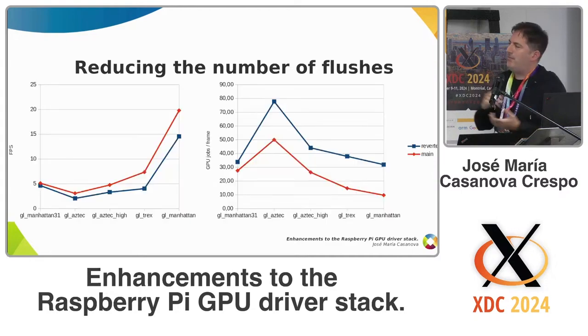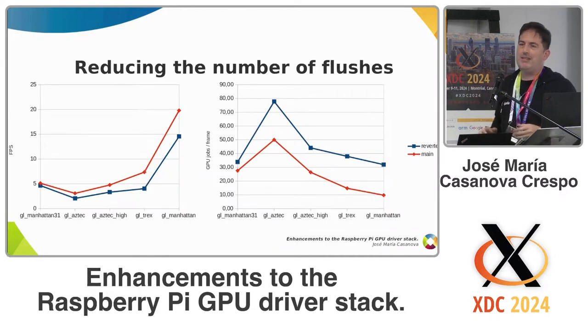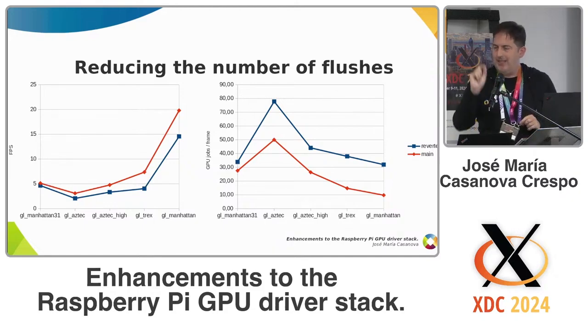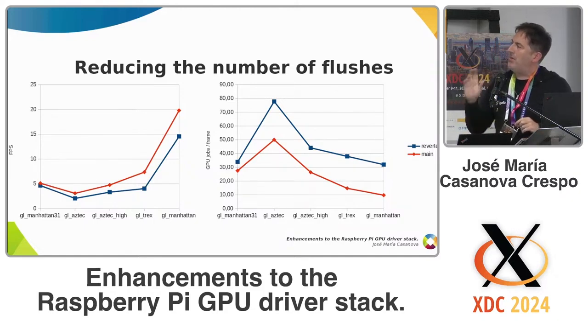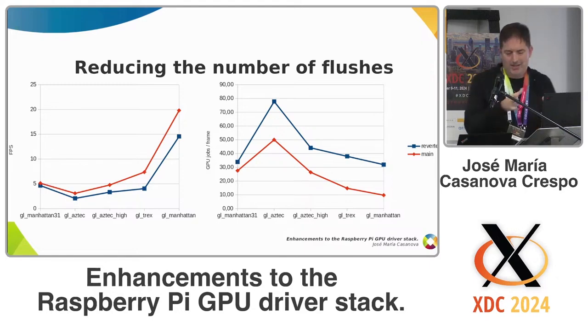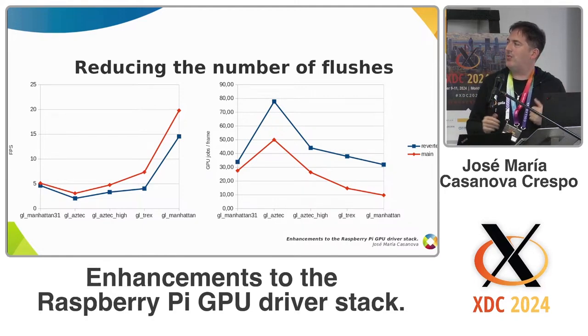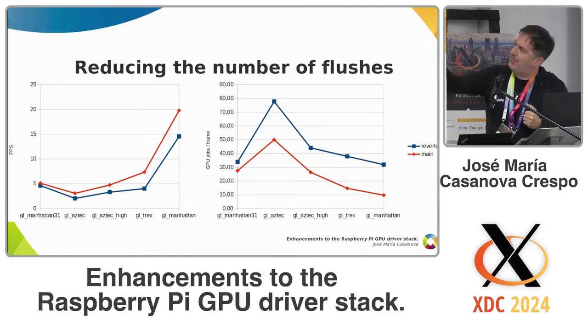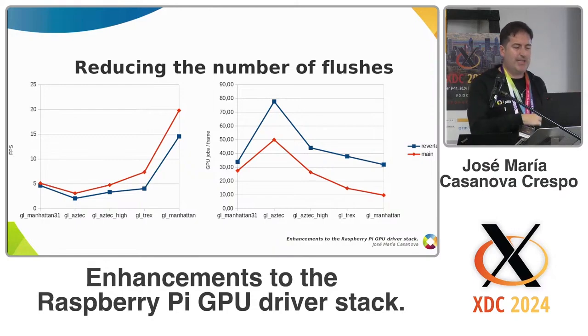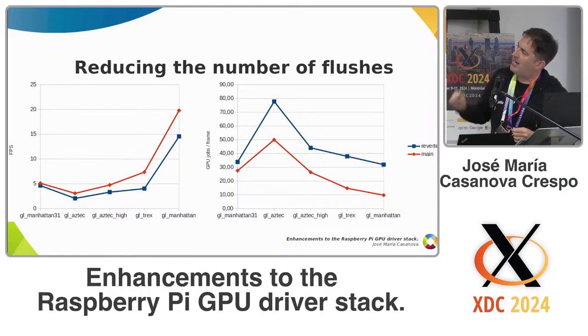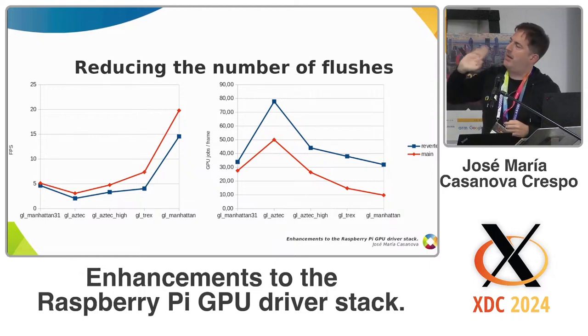In order to show this at the conference, I went to main and reverted the commit that introduces this new behavior, and I got the number of jobs that were submitted by the different traces. On the left, we have the frames per second of the traces, and on the right, we have the number of job submissions by number of frames.